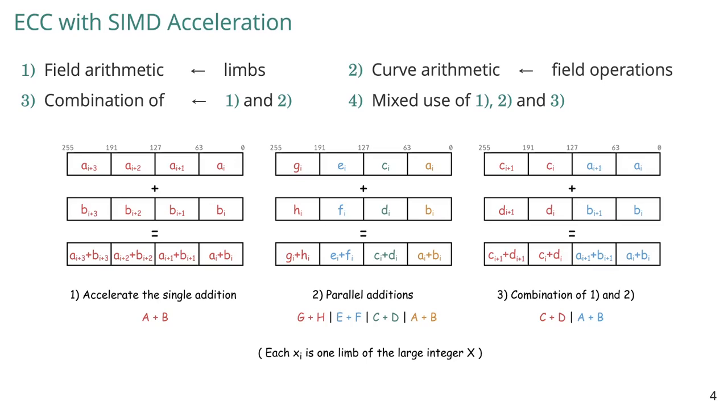The second figure illustrates four parallel additions, which could be used to accelerate the higher-level point arithmetic. The third figure shows the combination of the first and second strategies, that is, it performs two additions in parallel, and each addition is also accelerated inside. The implementers are able to use all of these parallel accelerations in their implementation.